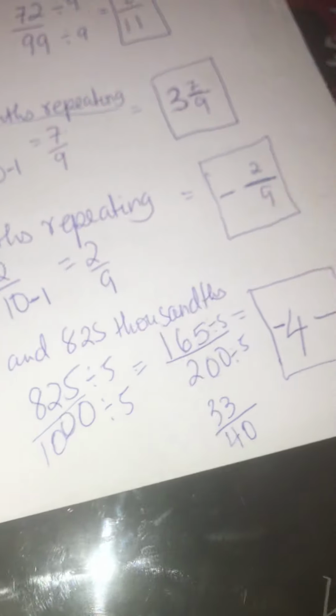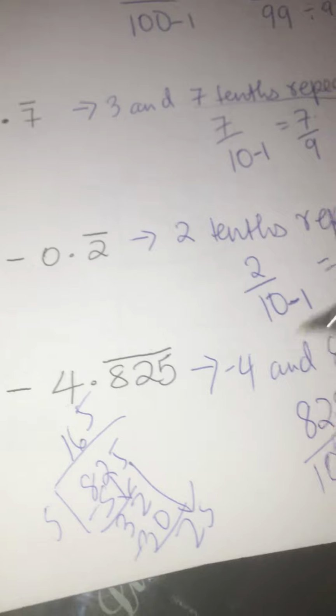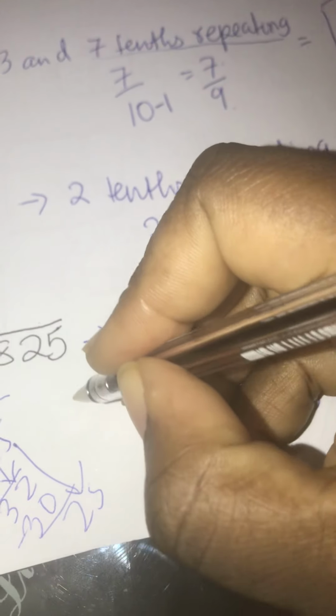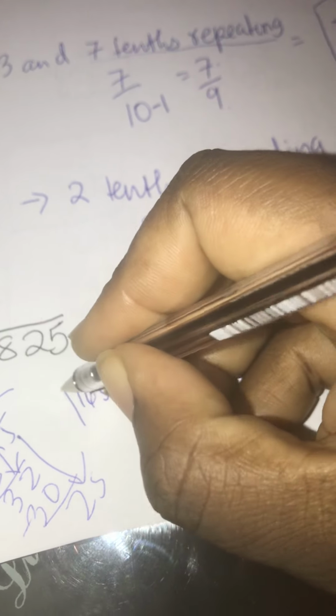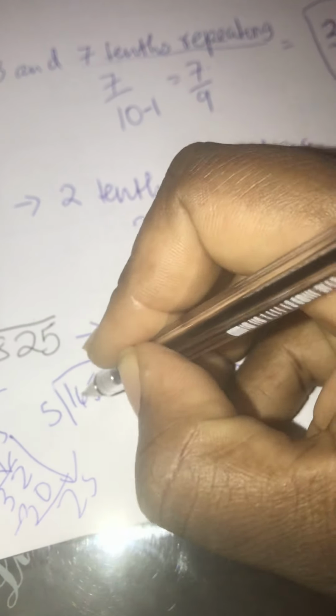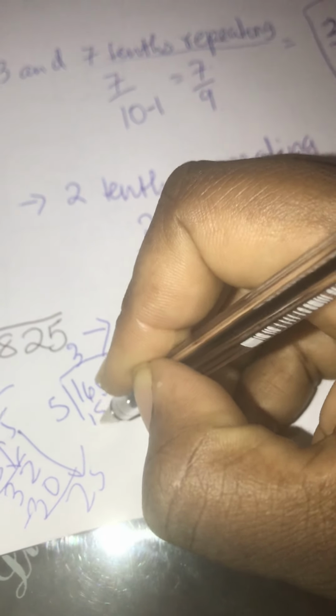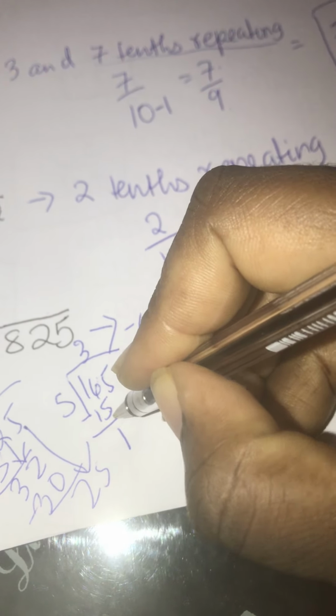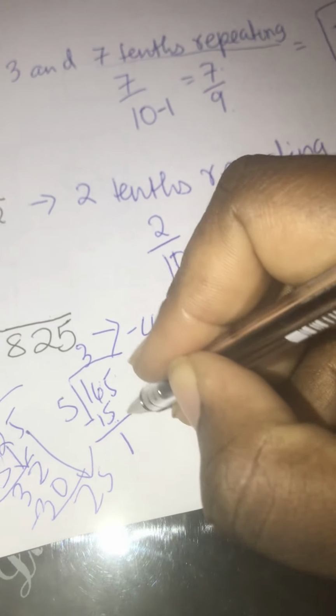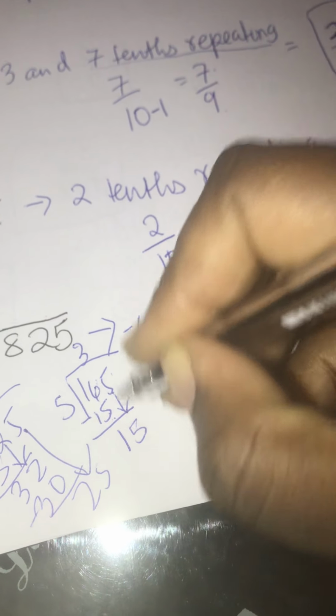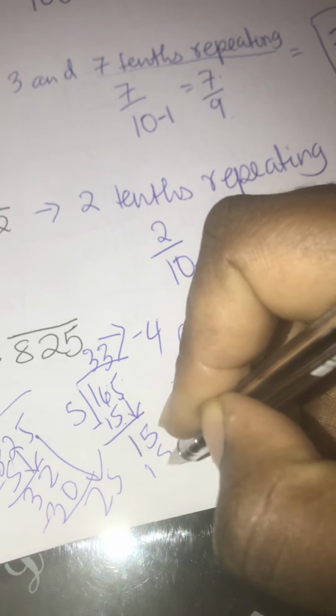How did I know it was 33? I do again, long division. 165 divide 5. 5 goes here 3 times, 15. I minus, 16 minus 15 is 1. I bring down the 5. And there.